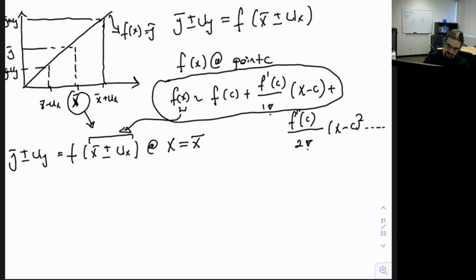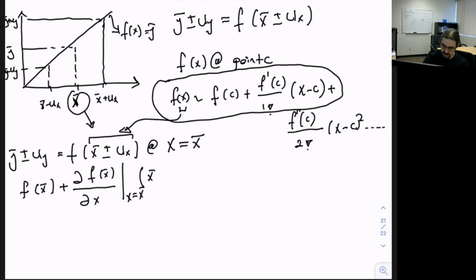So that will be f(x bar), plus the first derivative of f(x) with respect to x at x equal x bar, then that will be times (x bar plus minus ux minus x bar).